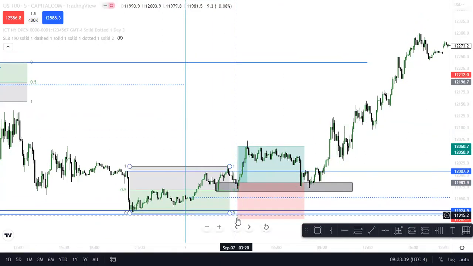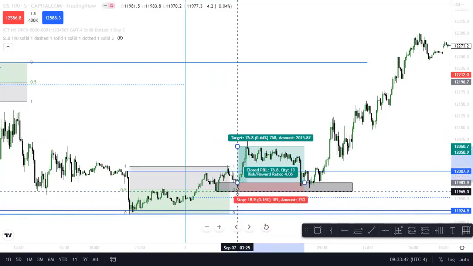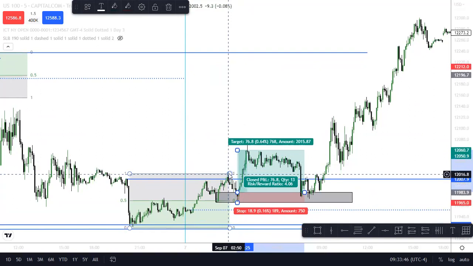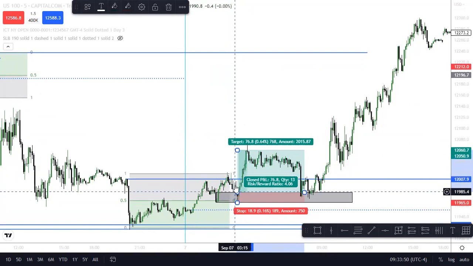Order block low. Now for the highs. This is the first high. This is probably where you go break even or take partials, depending on how far away it is.